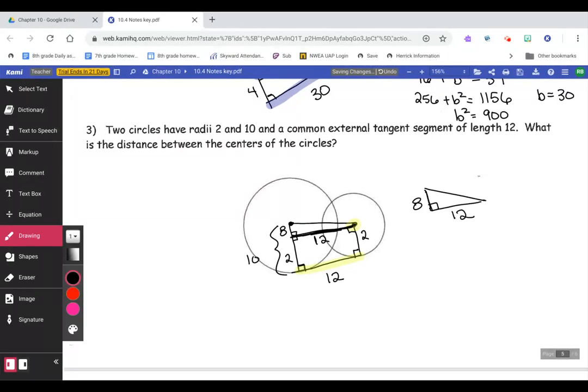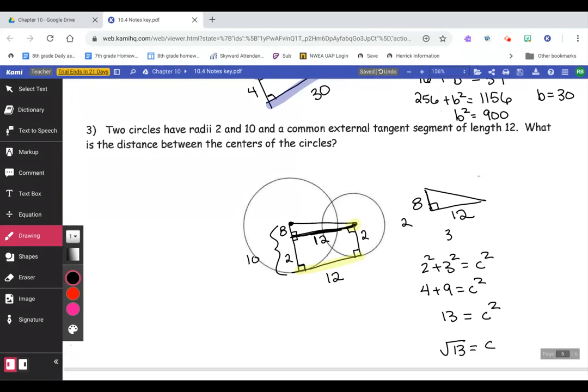And then if we divide by 4, we get 2 and 3, which is not a family. You could always do 2 squared plus 3 squared is equal to your hypotenuse squared. So you have 4 plus 9 is equal to c squared. 13 is equal to c squared. So c is equal to the square root of 13.